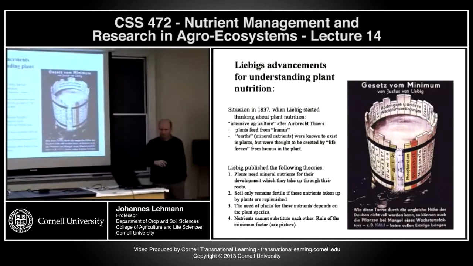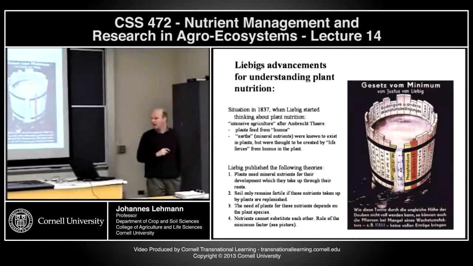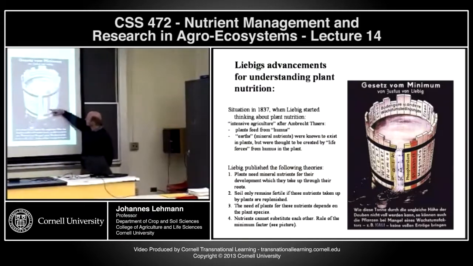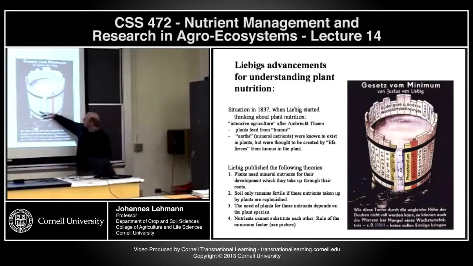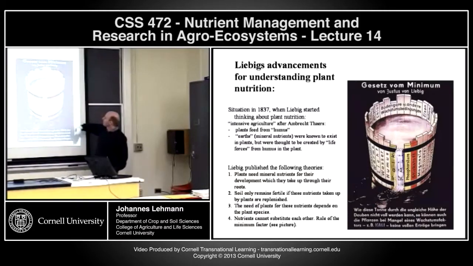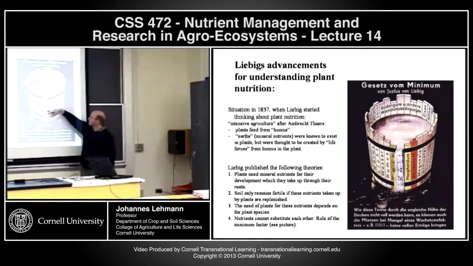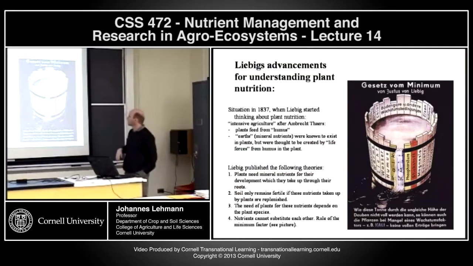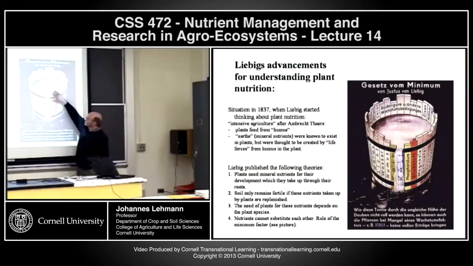So it's this principle of the minimum factor. You can have all other nutrients like nitrogen or phosphorus, and other factors like water and light, in ample supply. But if one of the factors, in this case nutrients, for instance potassium, is not in sufficient supply, you will never reach your production potential.